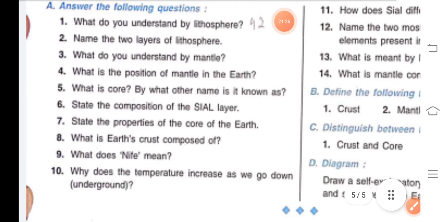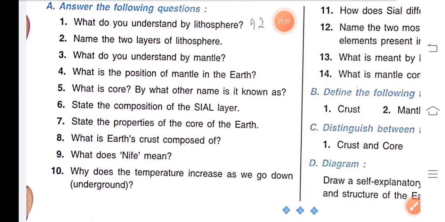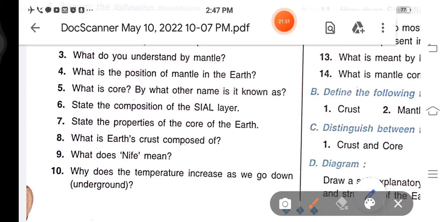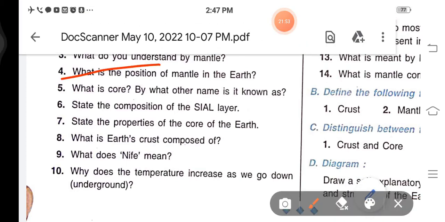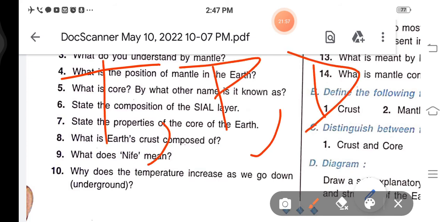So what is earth's crust composed of? Sial and Sima: silica and aluminium, silica and magnesium. Why does the temperature increase as we go down? The reason is quite easy. I will give you a short form: TPD.